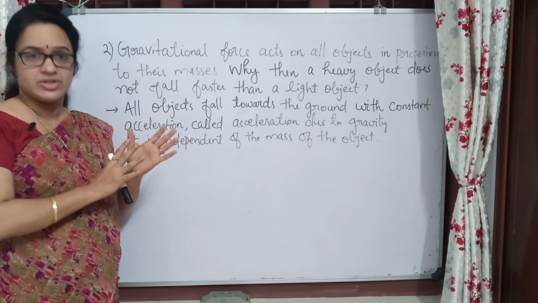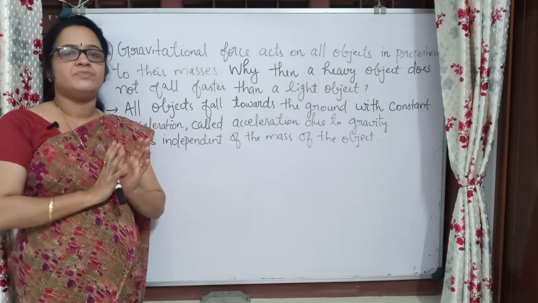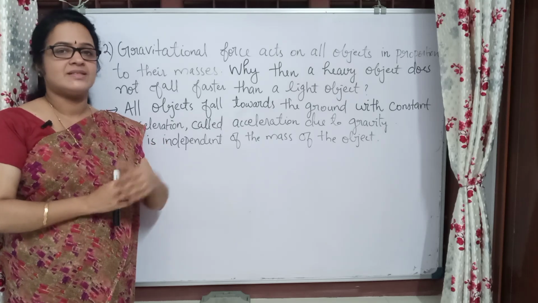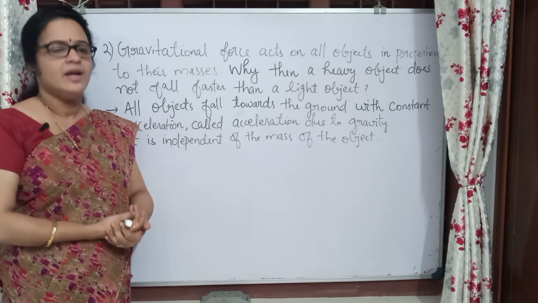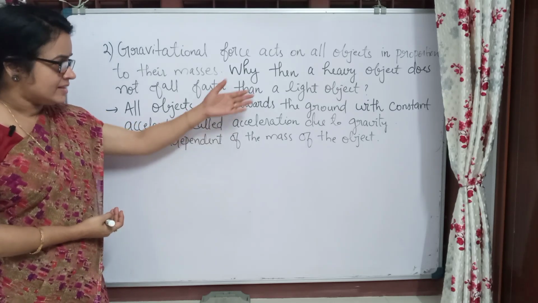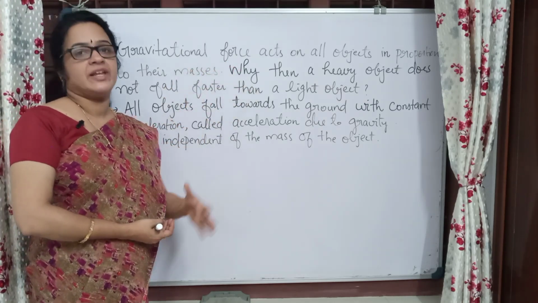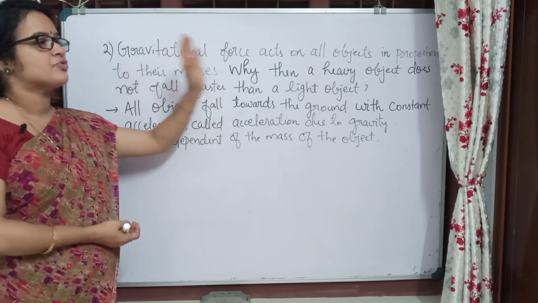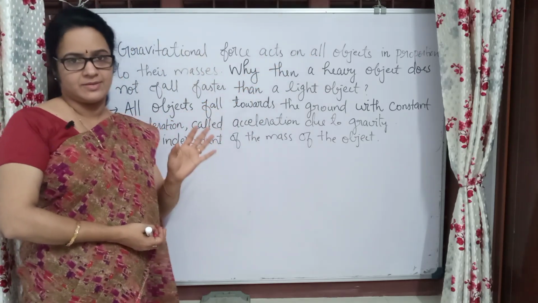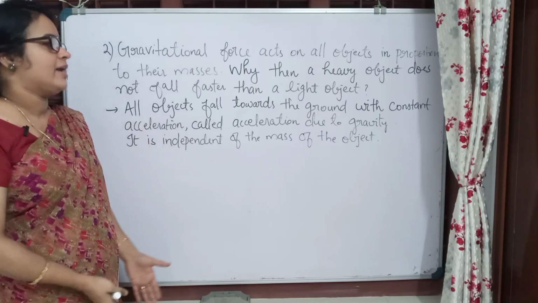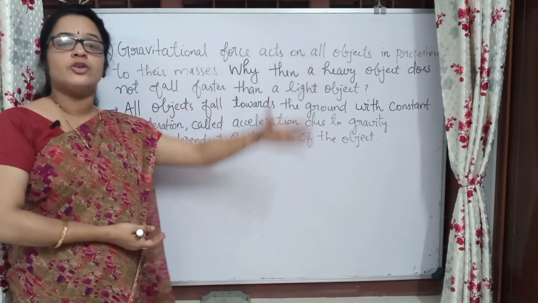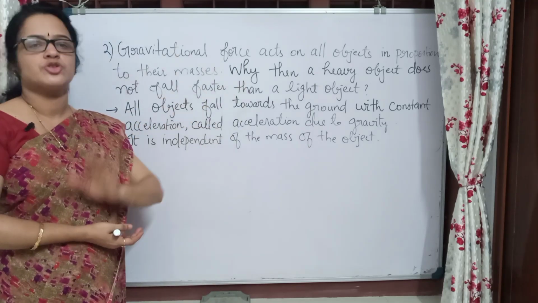In such a case, we have seen that both objects, irrespective of their masses, reach the ground at the same time, and Galileo proved that also. From this, how can we give the explanation? Gravitational force actually depends on their masses, because it is directly proportional to the product of their masses. But why is a heavy object not falling faster than a light object?